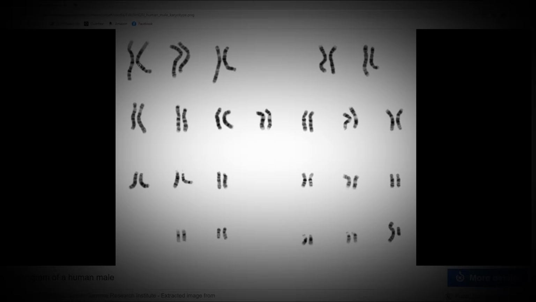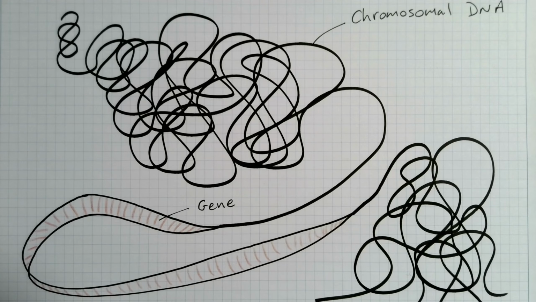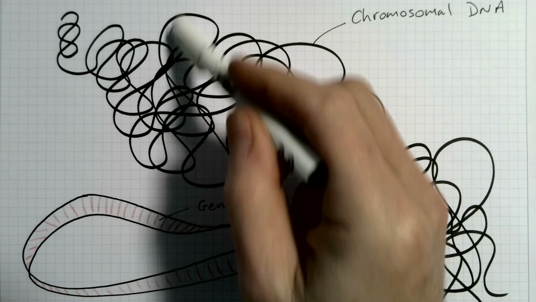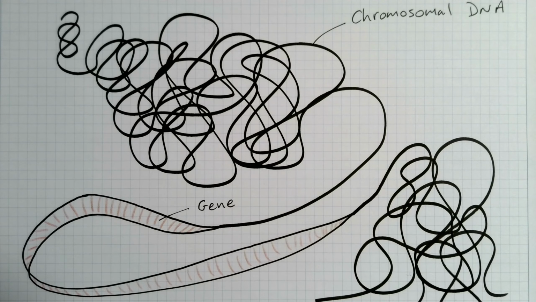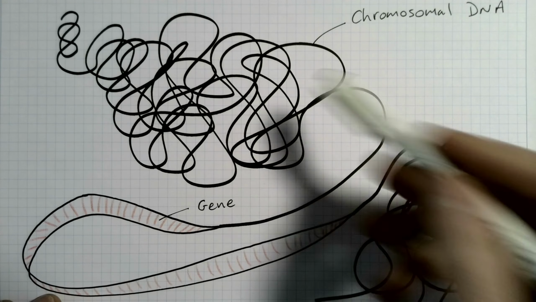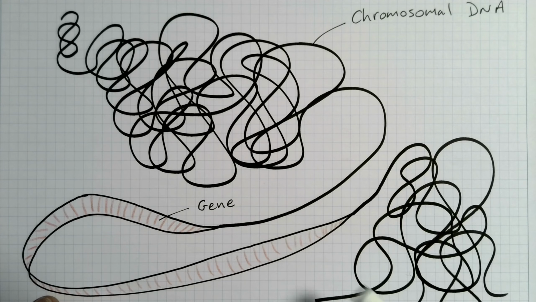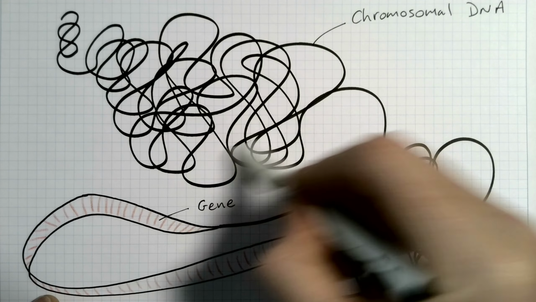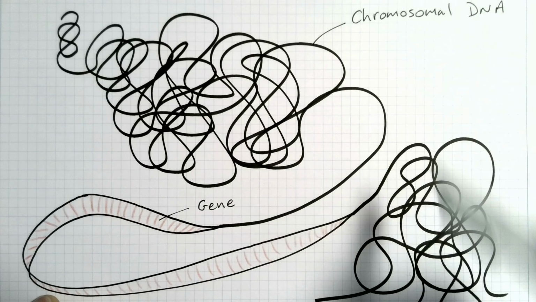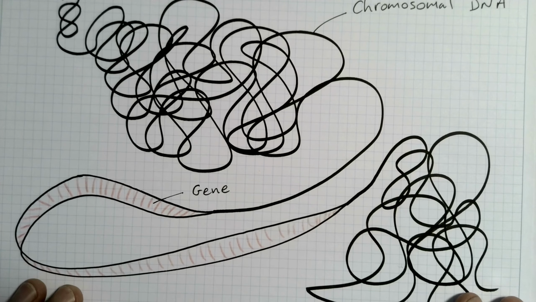This is all bunched up because the cells that these pictures were taken from were going through mitosis, cell division. If we imagine that all of this stuff is just one chromosome from a human cell, it's a really long strand, and it's much longer than this. I've just done this as a quick representation.